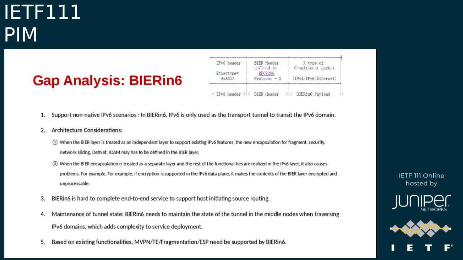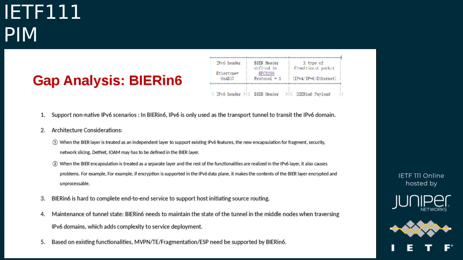The first is that BIER is treated as an independent layer, so how to support the existing IPv6 features? These possible IPv6 features include fragmentation, security, network slicing, DetNet, etc. This raises whether to define new encapsulations in the BIER layer or not.